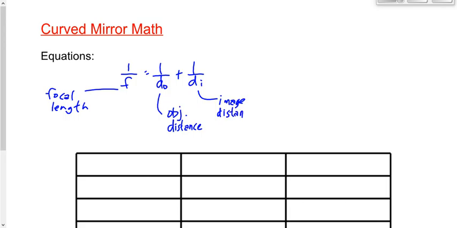Now, what about the units here? What units should we use? Well, the standard units are meters, right? But if you put meters in every term, they would actually cancel out. That means it doesn't really matter what units we use: meters, centimeters, inches, kilometers, miles.